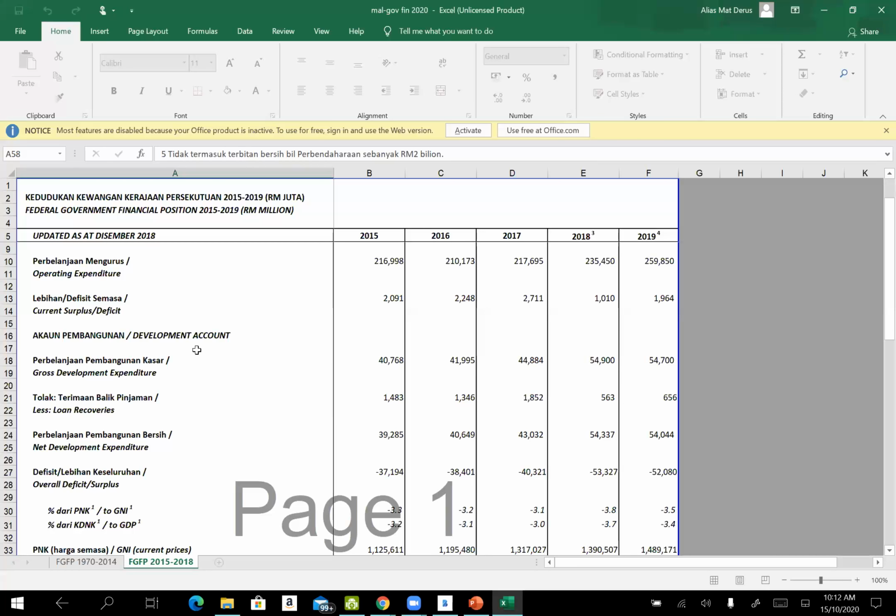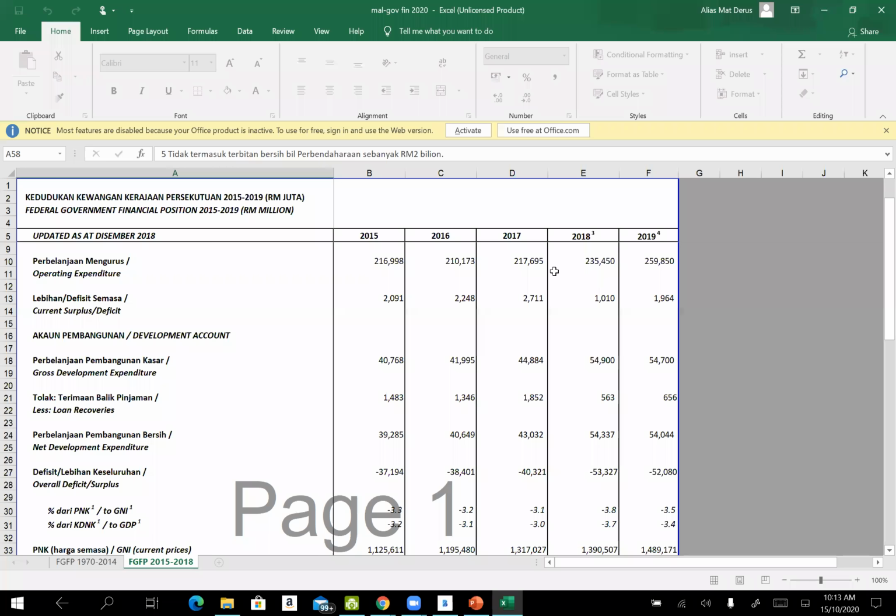So what I would like you to do, I want you to write down, because we're going to compute this for just 1 or 2 years. So we're going to do the year 2017 and the year 2018. Just these 2 years, because I'm going to show you some other data. Firstly, we're going to compute the size of the government.